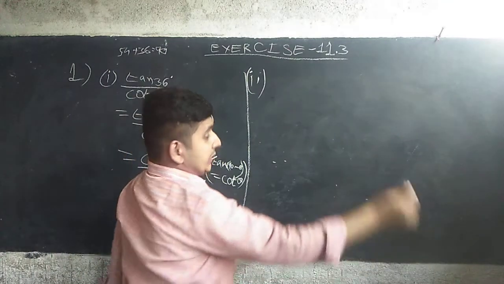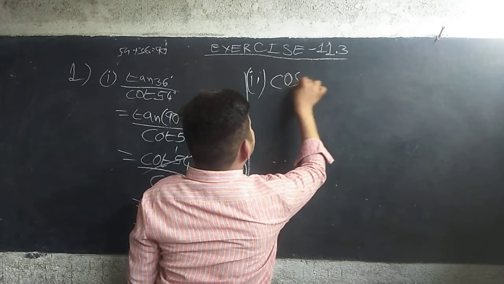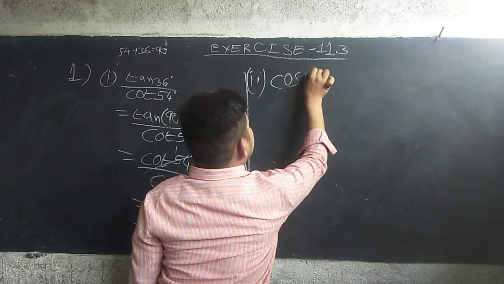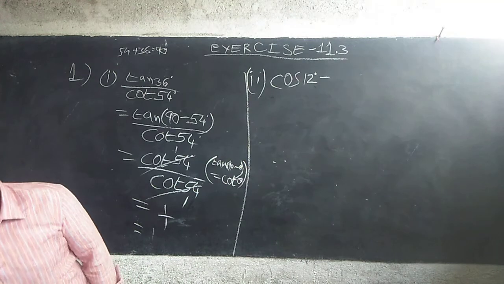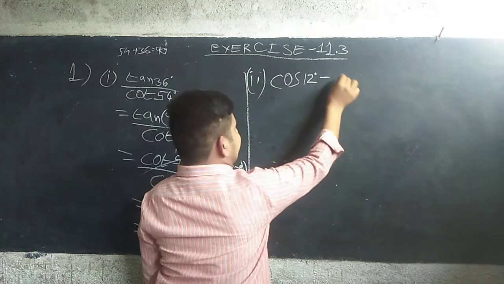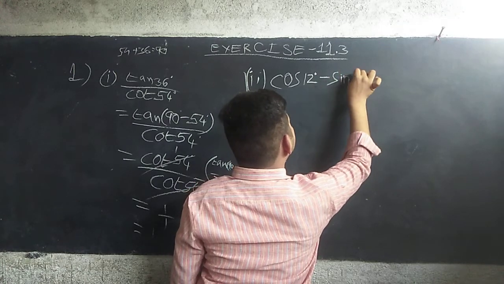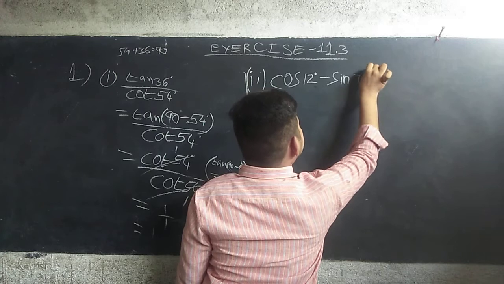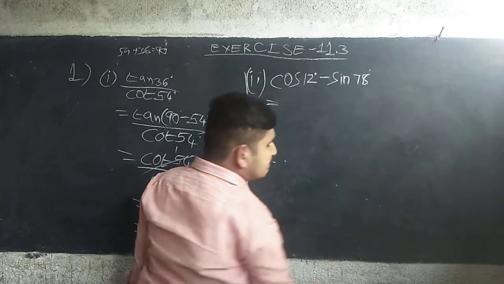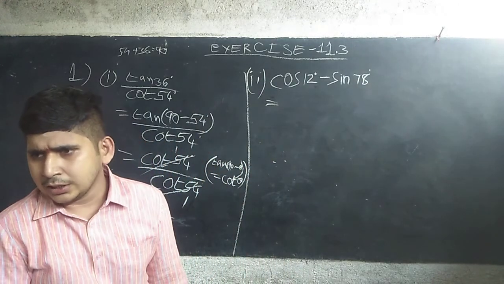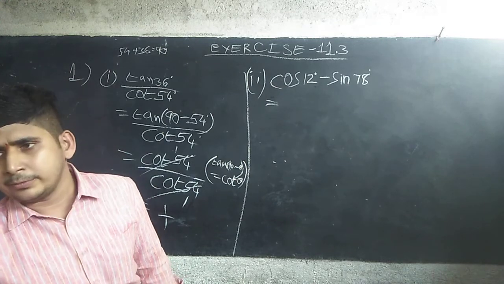Cos 12 degrees minus sin 78 degrees. Now here see, 12 plus 78 equals 90, so 78 equals 90 minus 12.